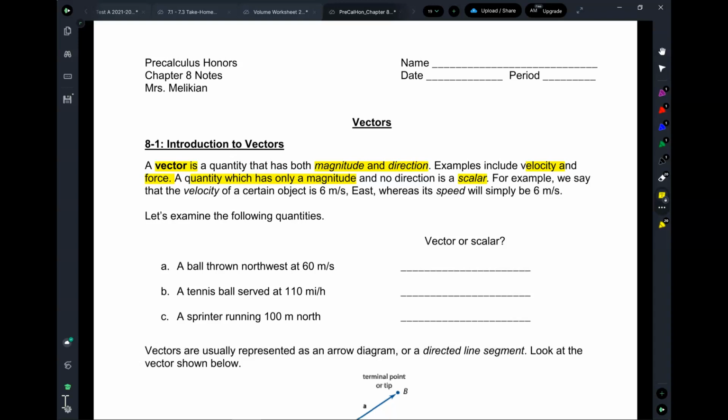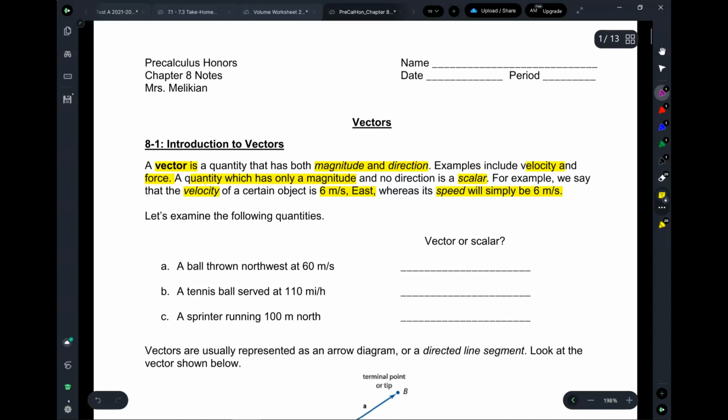For example, the velocity of an object would be 6 meters per second east. You see how that has a magnitude, 6 meters per second, and a direction, east. Because this quantity has a magnitude and a direction, it's a vector quantity. So velocity is a vector quantity. Speed, if you just say the speed is 6 meters per second with no direction, that's a scalar quantity.